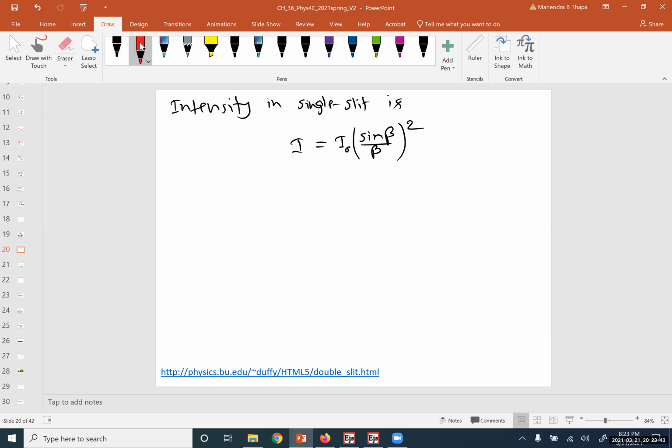So in this case, what is I naught? I naught is the intensity at theta equal to 0, which means it happens for the central bright.